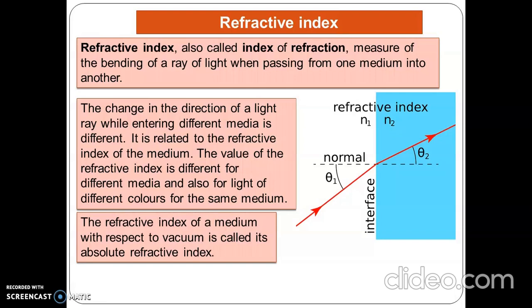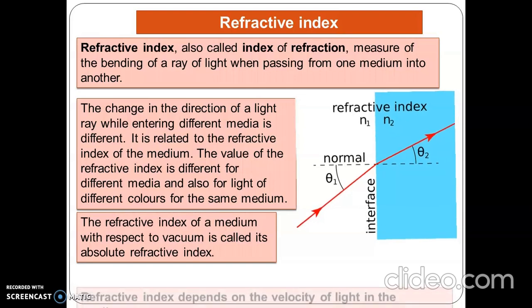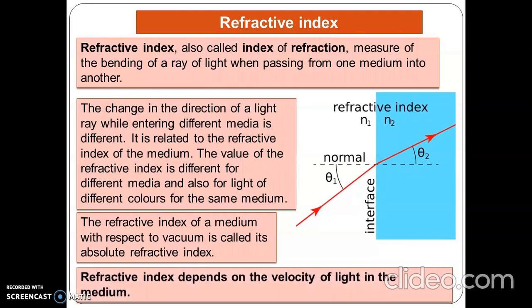Okay, so with vacuum, a new concept, it is called absolute refractive index. Refractive index depends on the velocity of light in the medium. Okay, so velocity of light means the speed with which it enters the medium. So refractive index is different for different media.